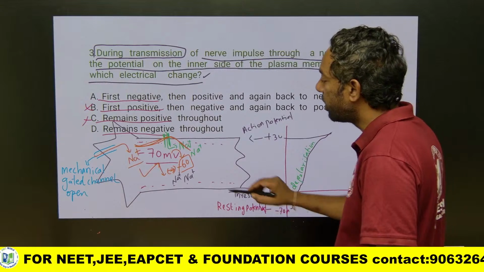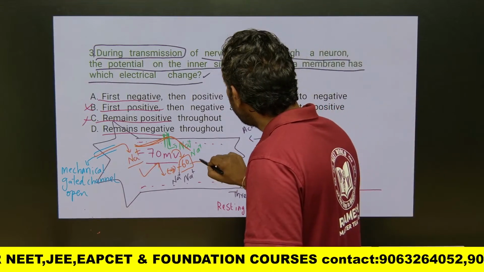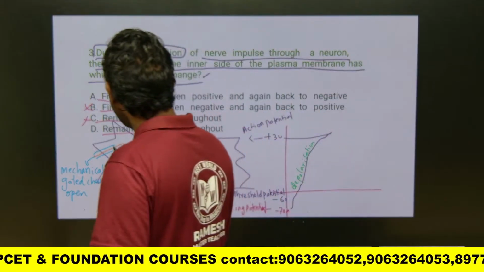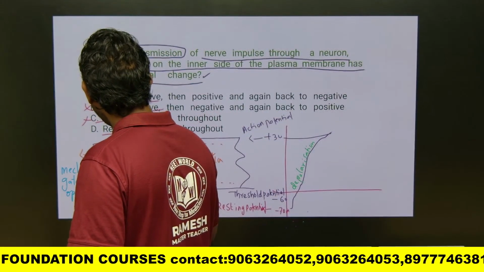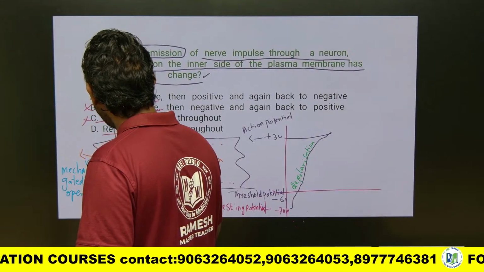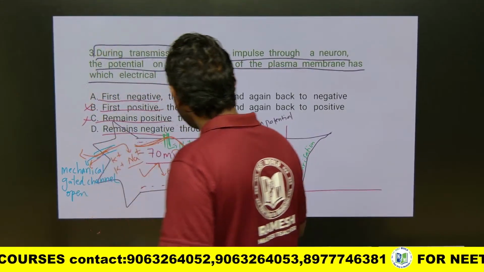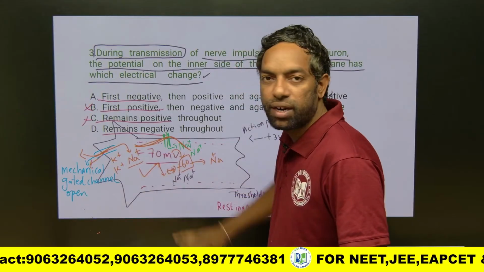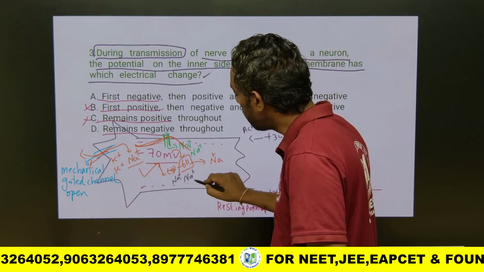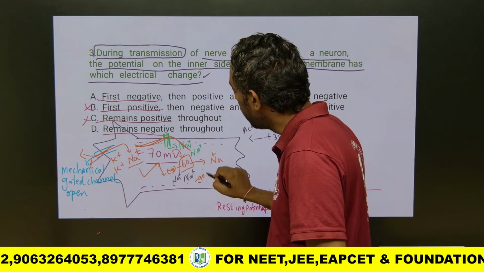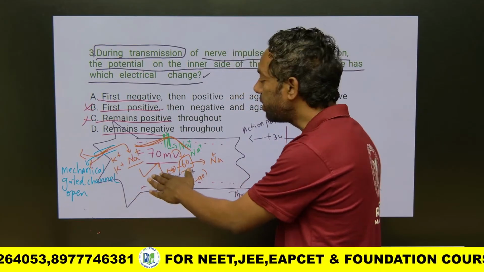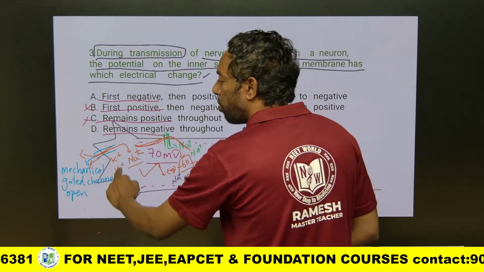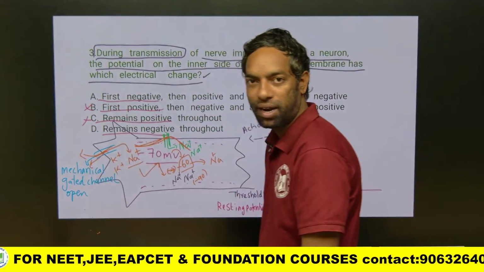In this condition, the sodium moves this side and potassium slowly exits out. The plus charge of the potassium slowly exits out. In this condition, a huge negativity is created in this segment, up to minus 90, because the sodium plus charge moves to the front side, and at the same time potassium is leaving the membrane.